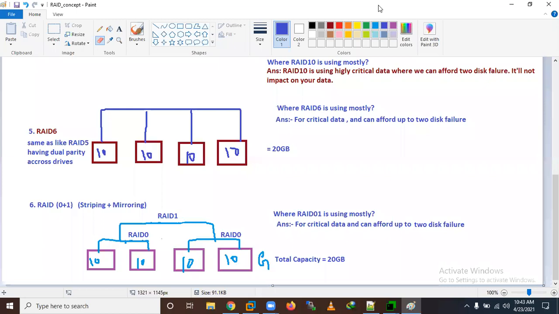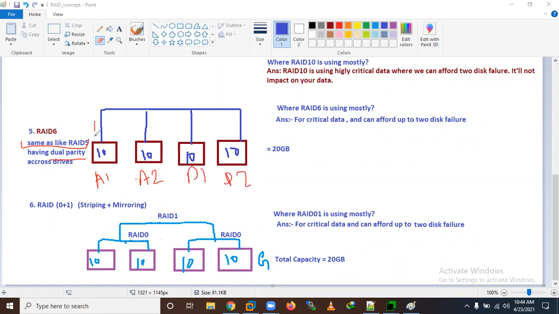Let's discuss RAID 6. RAID 6 is similar to RAID 5, but has dual parity, distributed parity. Earlier the parity was only one, there was a single parity, but now you have dual parity. How? Suppose your data is written here A1, A2, so here parity P1, P2.